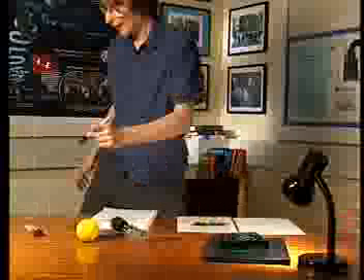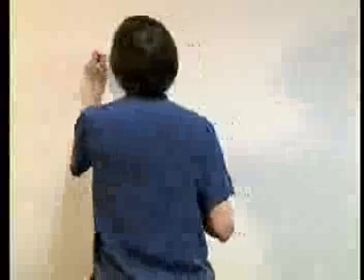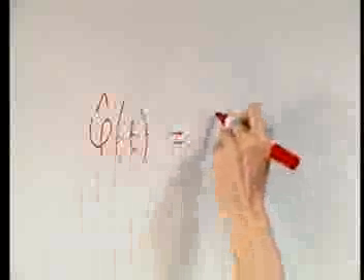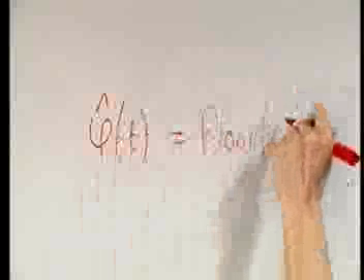We can express the relationship that I defined between the observables theta and phi like this. Phi hat equals floor of theta hat.